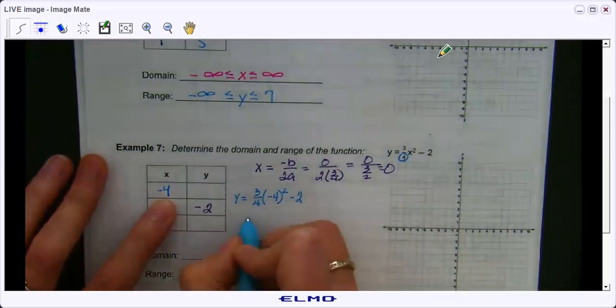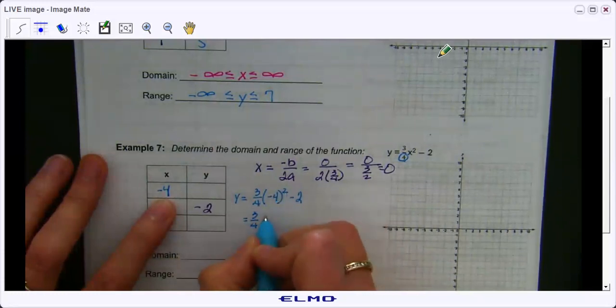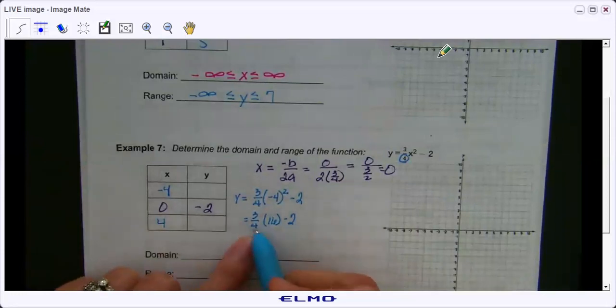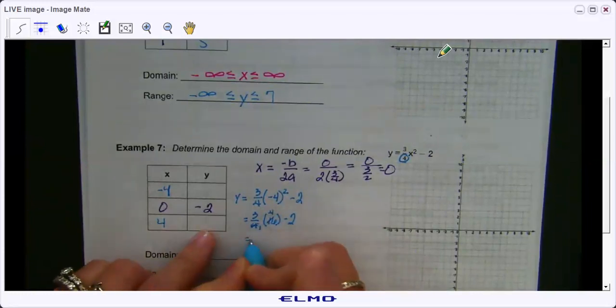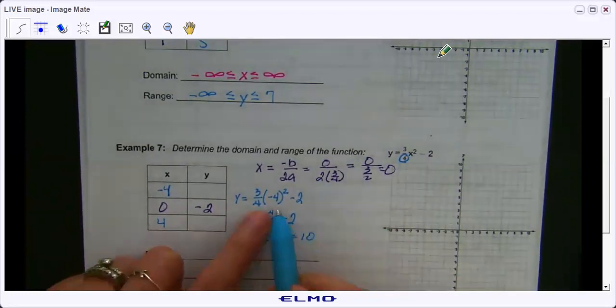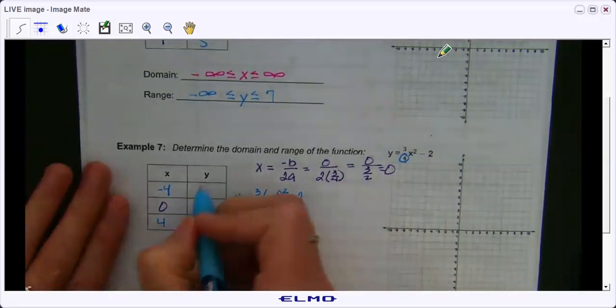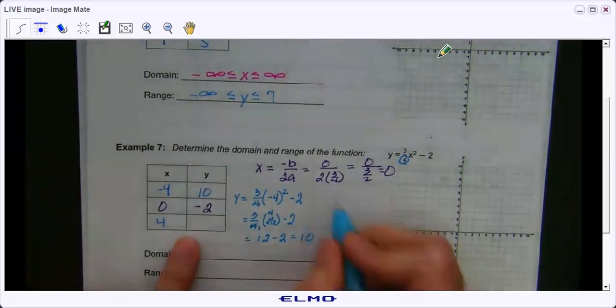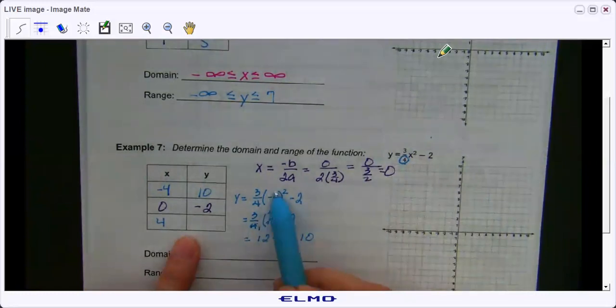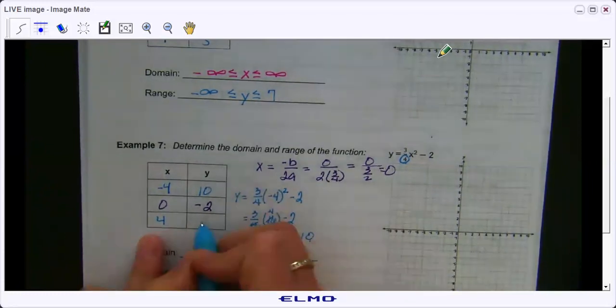Okay, so here we have 3/4 times -4 times -4 is 16, minus 2. Then 3/4 times 16, I'm going to cross simplify, is 12 minus 2, which gives us 10. So when x is -4, y is 10. And I could do the same thing for 4, but if you plug 4 into here, 4 times 4 is 16, and you're going to end up with the same answer here, 10.